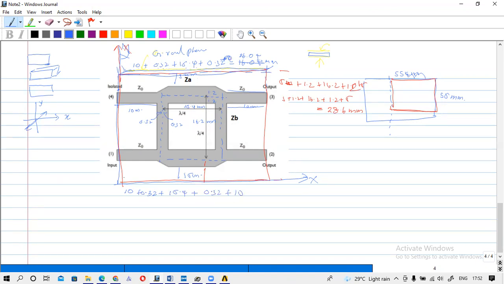So from here to here, I get 26.04 millimeters, and this is the 28.6. So 26.04 millimeters is the length from here to here. Correct.